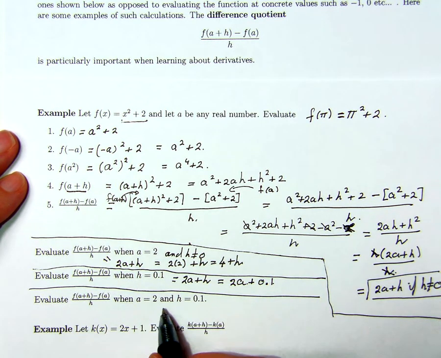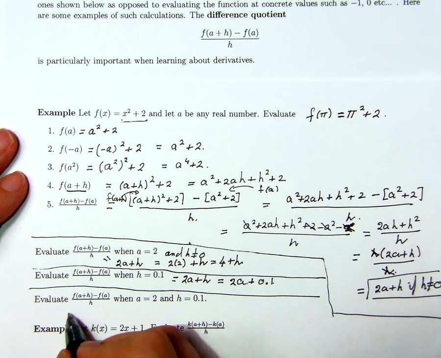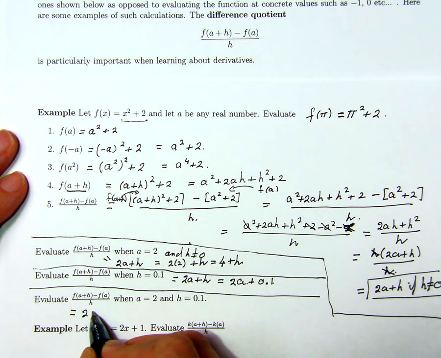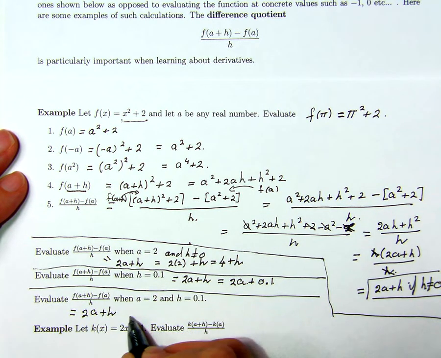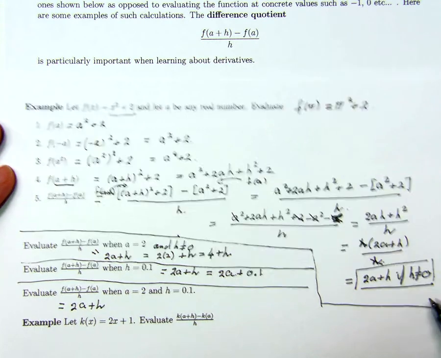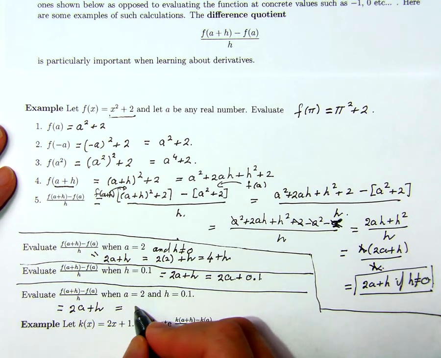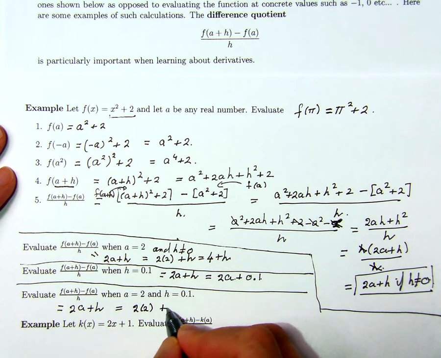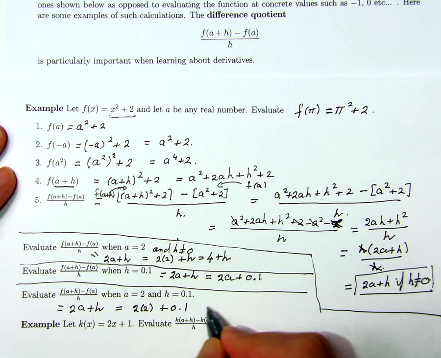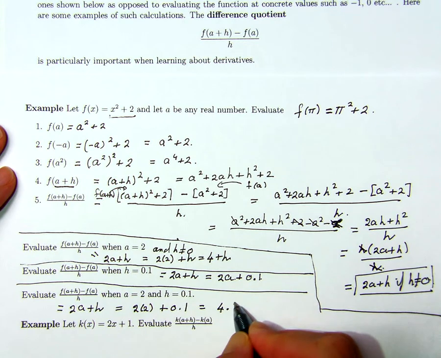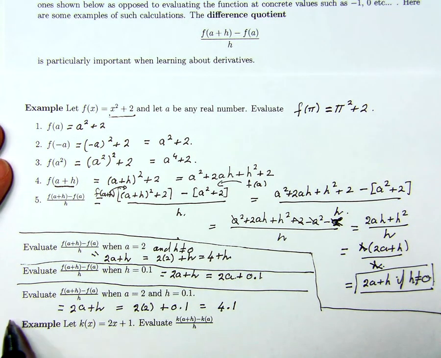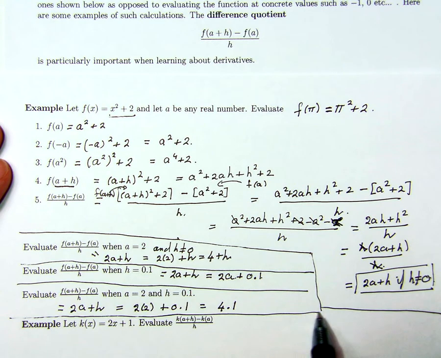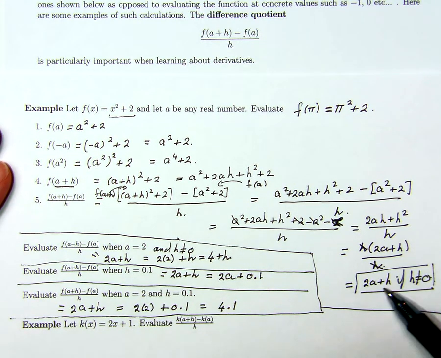What if I have a value for a and a value for h? Well, then I know that this is 2a plus h because I figured that out over here. And when a is 2, that's 2 times 2, and h is 0.1, plus 0.1, that's 4.1. So when I have a concrete value for a and h, I certainly have a concrete value for this, but this doesn't just hold when a is 2 and h is 0.1.